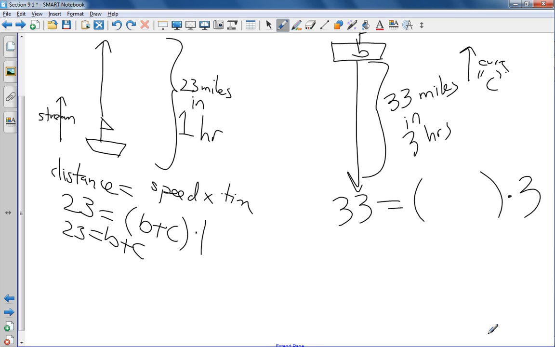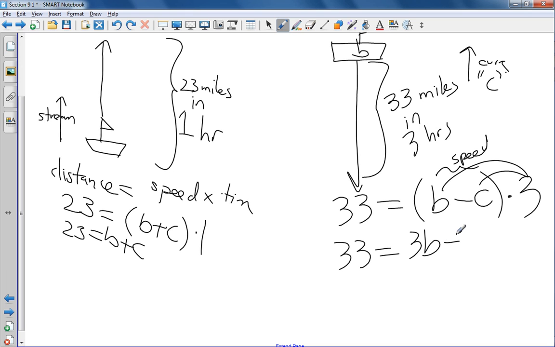So you subtract them. B minus C is your speed. Your boat's engine wants to go B miles per hour, but the current is preventing it. It's slowing your total speed, right? And you multiply by 3. So you get 33 equals 3B minus 3C.